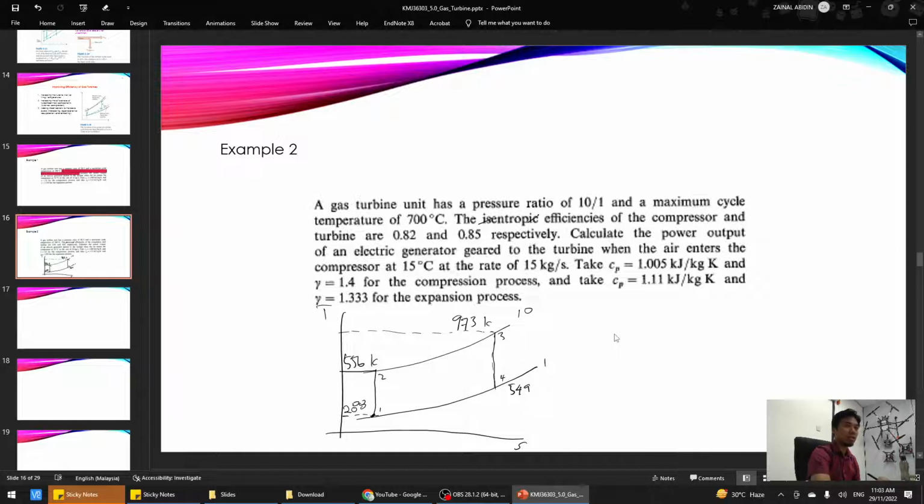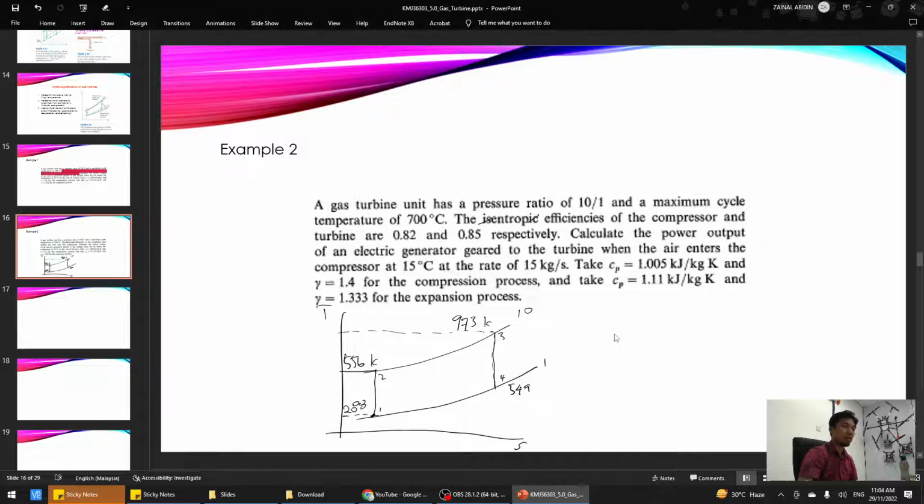Bila kita cerita pasal efficiency, maksudnya kita jadikan dia actual. So basically kalau you kira tak ada efficiency atau isentropic ni, basically you dapat proses dekat dalam compressor T1 to T2 macam ni lah.